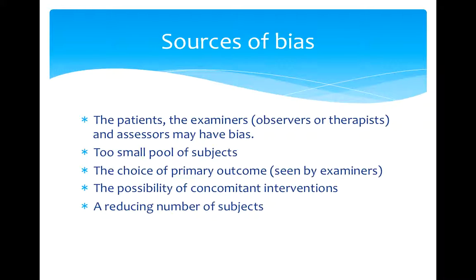The choice of primary outcome. The outcome will be biased when it is seen by examiners. Fourthly, the possibility of concomitant interventions. Finally, a reducing number of subjects.